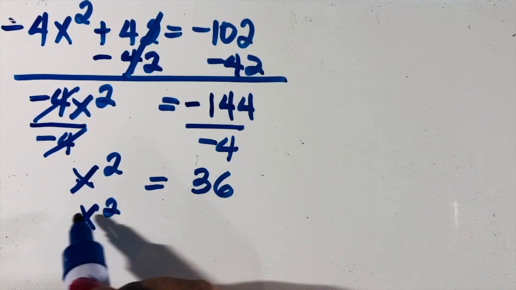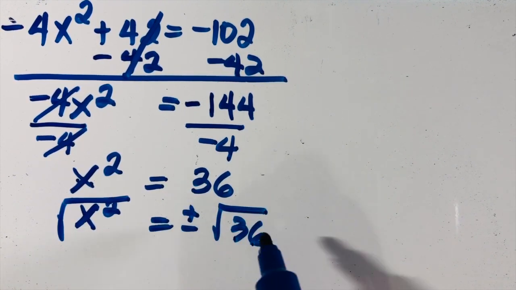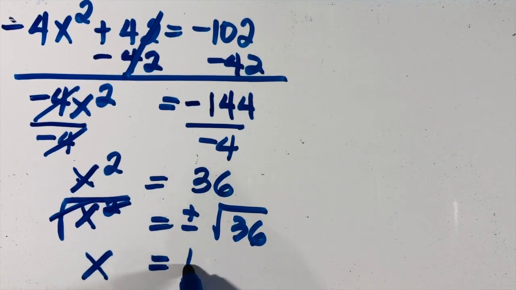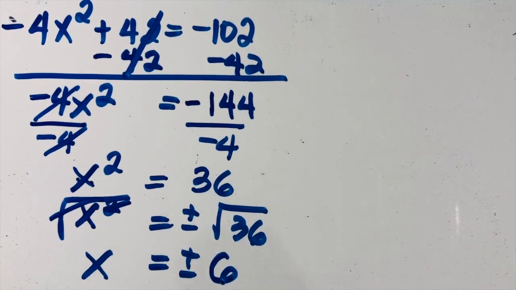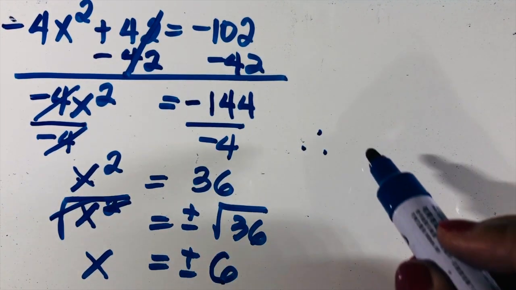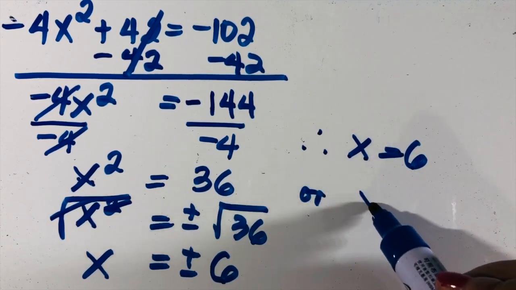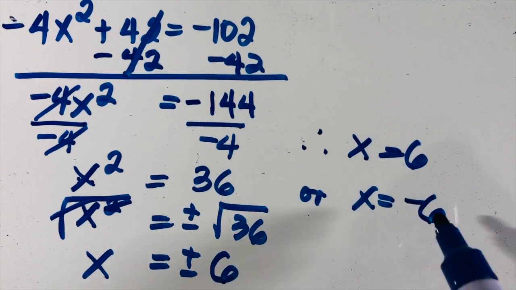So, let us now take the square root of both sides. Cross this out. This is x equals plus minus. 36 is perfect and it's positive. What is the square root of 36? That is 6. So therefore, the solutions are x equals 6 or x equals negative 6.